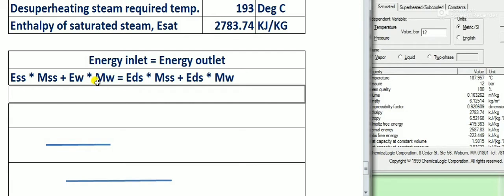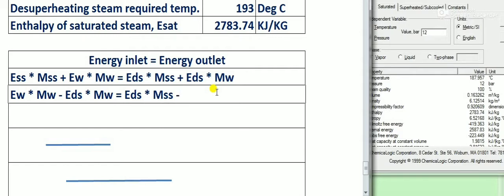So, enthalpy of water into mass flow rate of water, this one we take, minus, bring it to the left side: enthalpy of desuperheated steam into mass flow rate of water. This side, enthalpy of desuperheated steam into mass flow rate of water is equal to enthalpy of desuperheated steam into mass flow rate of superheated steam minus enthalpy of superheated steam into mass flow rate of superheated steam. Correct?